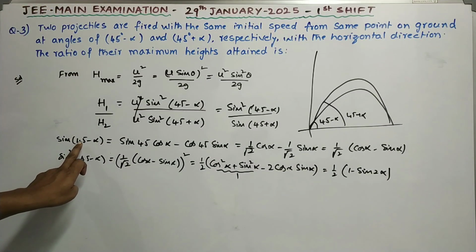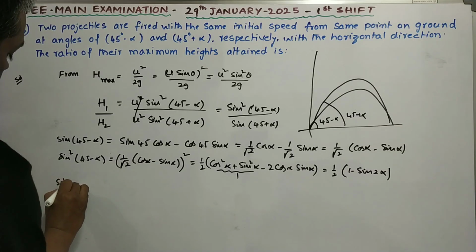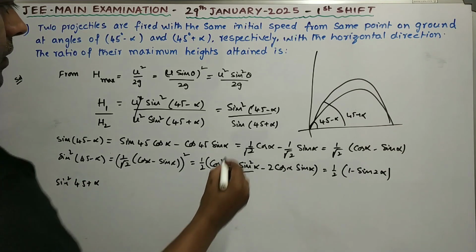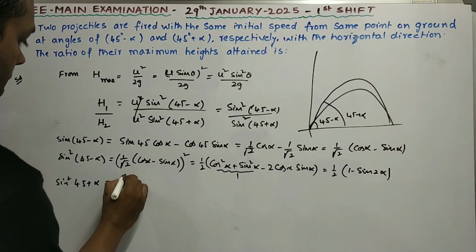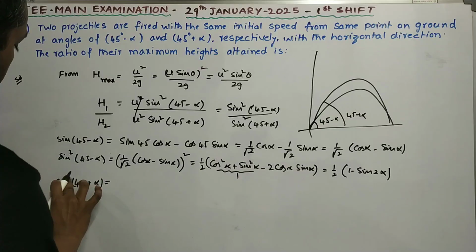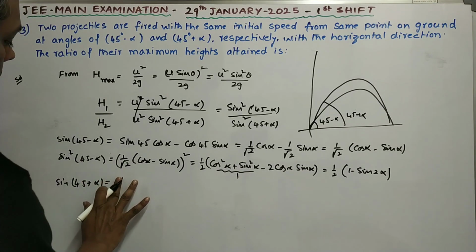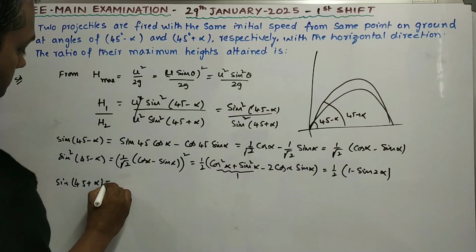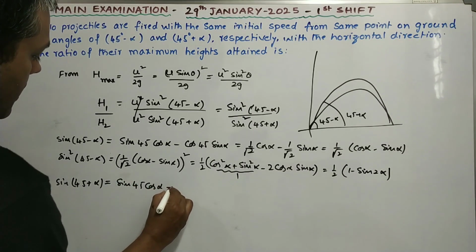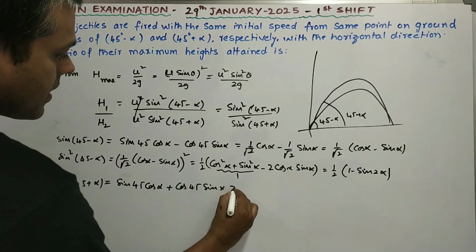Similarly, you get sin square (45 plus alpha), which has the same kind of value. Sin(45 plus alpha) is also equal to sin 45 cos alpha plus cos 45 sin alpha.